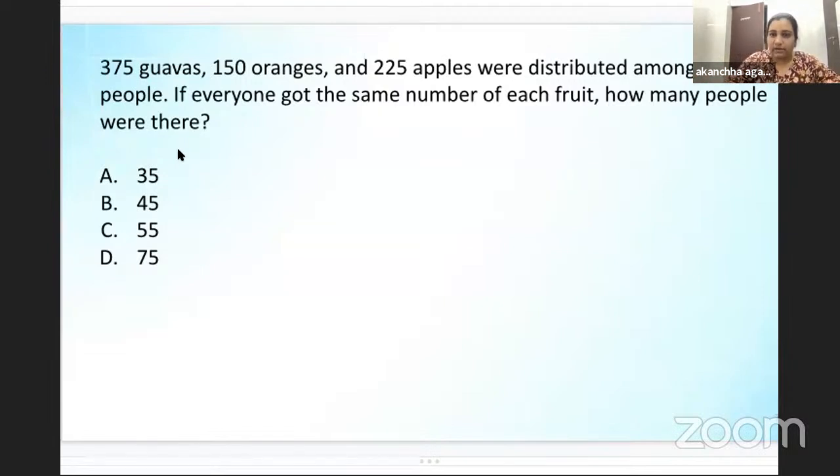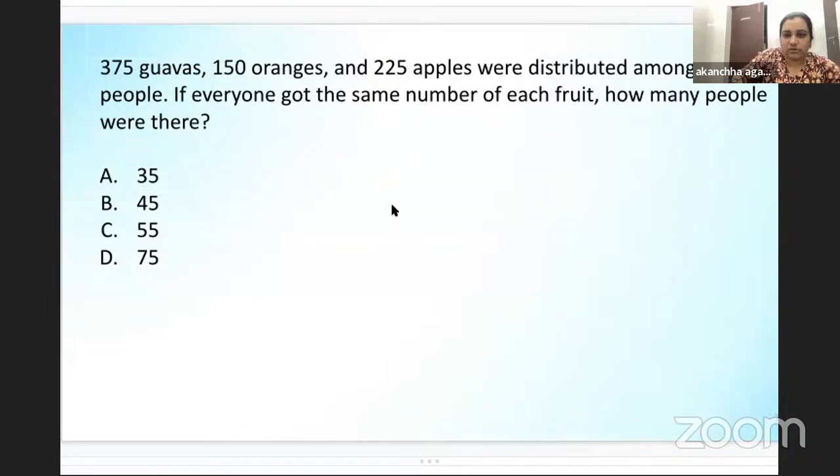So is it possible that any of the people will have more than 375 fruits? The answer is absolutely no. So we understand that here we have to find the HCF, right? This is an easy way to check if we want to find HCF or LCM.